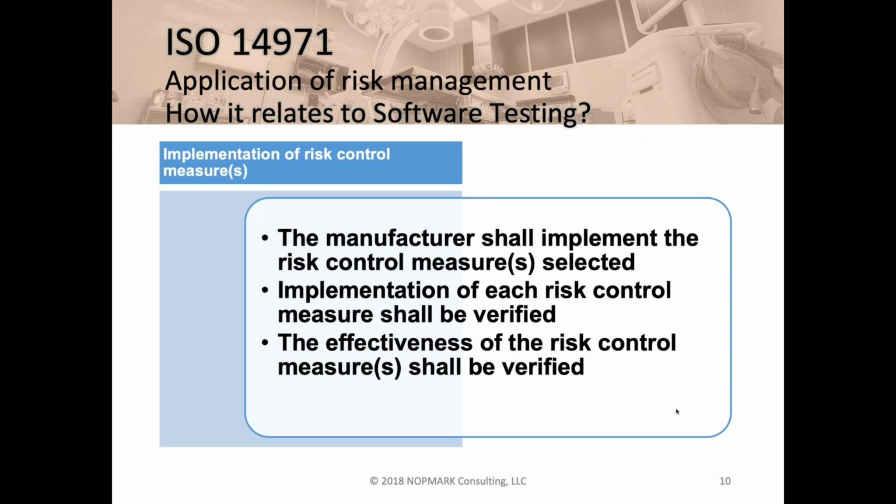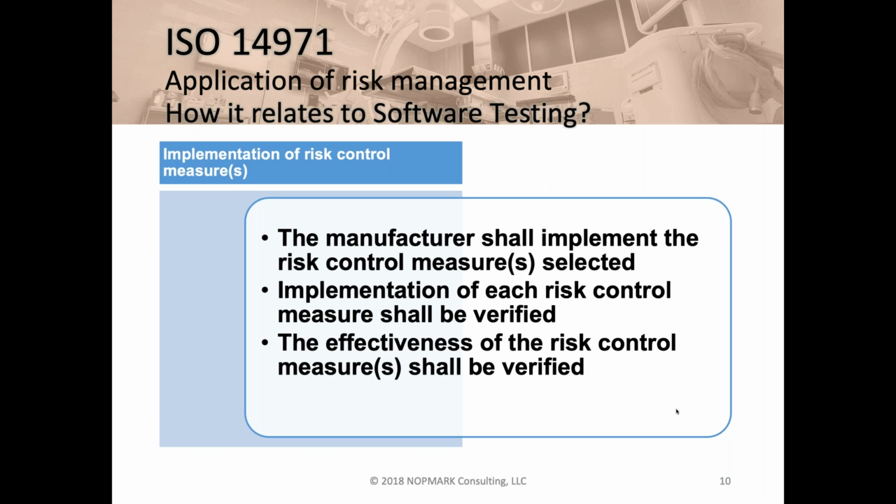So part of the verification activity is not only confirming that the risk control measure is implemented in software, but also confirming that what was implemented in software actually prevents the harm from occurring and prevents the sequence of events that can lead to the harm. So we start expanding software testing, not just focused on the software requirement or the user story itself, but we now have to look at what harm we said could happen, and what sequence of events we said could lead to that harm if the software did not do what it should.